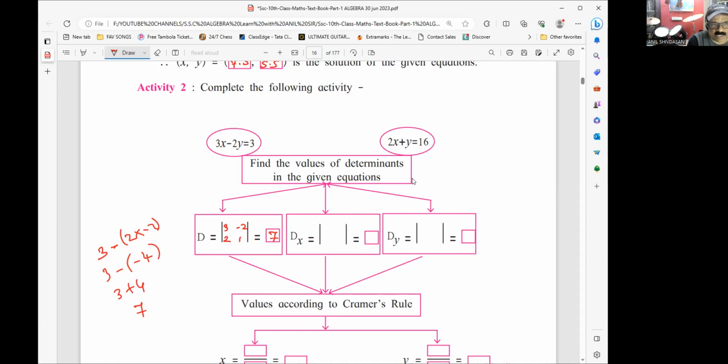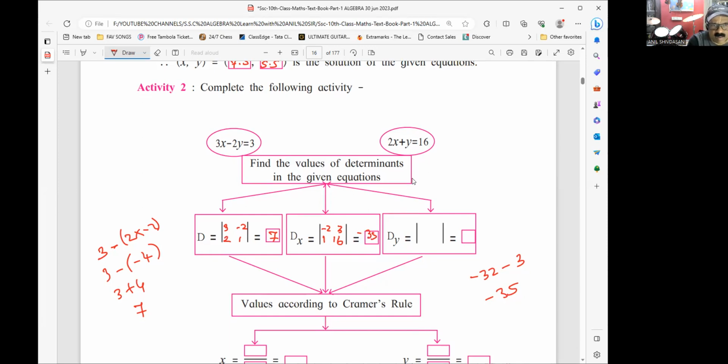What about Dx? For Dx you need to put the remaining coefficients: minus 2 and 3, and 1 and 16. So 16 into minus 2 is minus 32, minus 3 times 1 is minus 3. Minus 32 and minus 3 is minus 35. So Dx is minus 35. What about Dy?